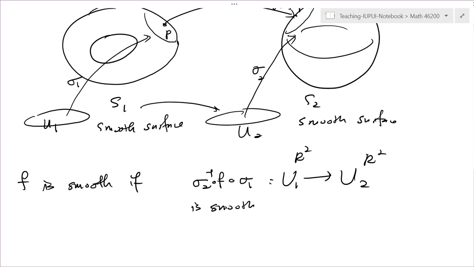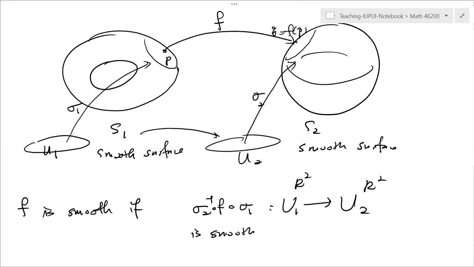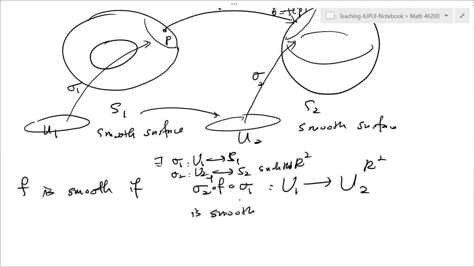That's a reasonable definition. And you can also check it will be independent of the choice of the regular patches you're using. I just say for some: if there exists sigma 1, U1 to S1, and sigma 2, U2 to S2, such that this map from U1 to U2 is smooth.